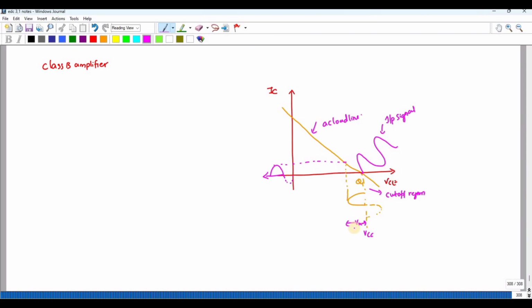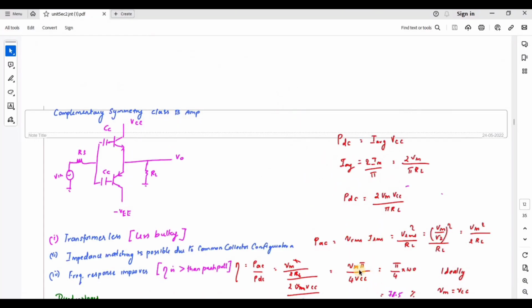So I can write Vm is equal to VCC. You substitute here, so Vm and VCC get cancelled out. So pi divided by 4 into 100 is 78.5. So this is the efficiency of the class B push-pull amplifier. Thank you.